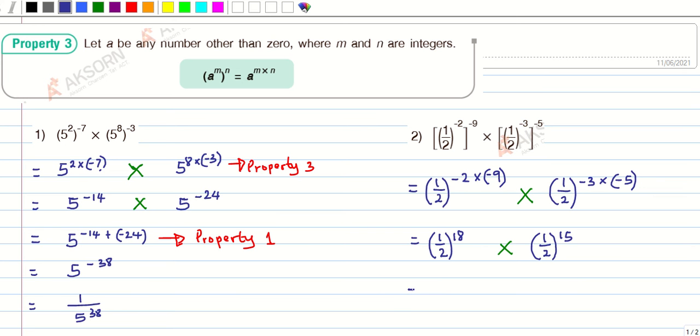And finally, our answer will be a half to the power of 18 plus 15, which is equal to a half to the power of 33. So that becomes our answer.